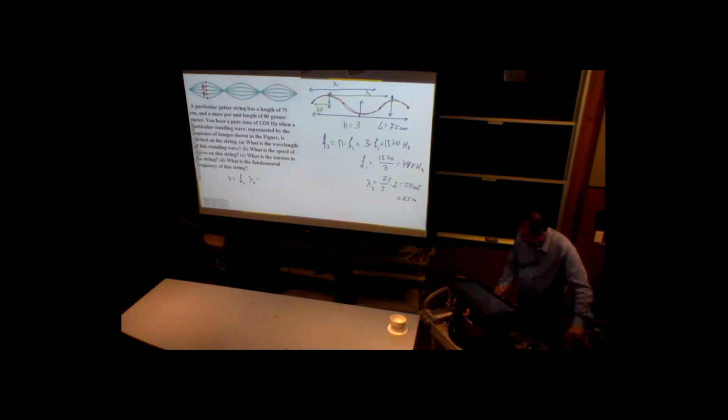So, and for the speed, we're going to get, well, I want to use f3 times lambda 3, so 1320 times 1/2. 660 meters per second.